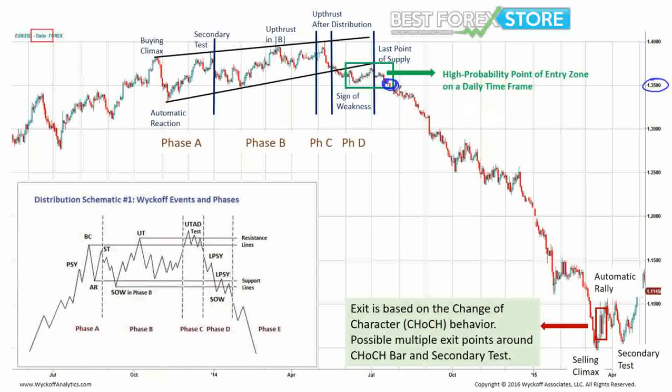And yet, if you convert these intraday trades with an understanding of a larger structure, that your daily structure and even weekly structure is to the downside, imagine this trade right here.